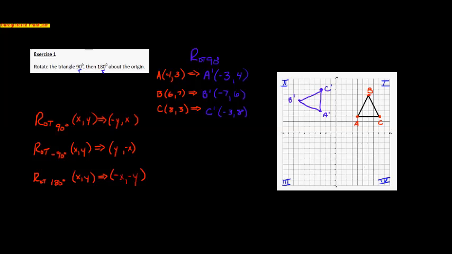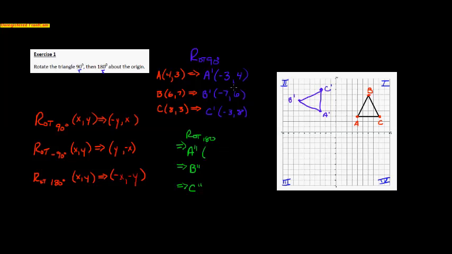So let me switch over to green, and I'm going to put these right underneath here. I'm going to just put rotation of 180, and remember, I'm starting with the image that I just made, so I'm starting with these blue coordinates, and I'm going to come up with a double prime, b double prime, and c double prime. That's how I'm going to label them.